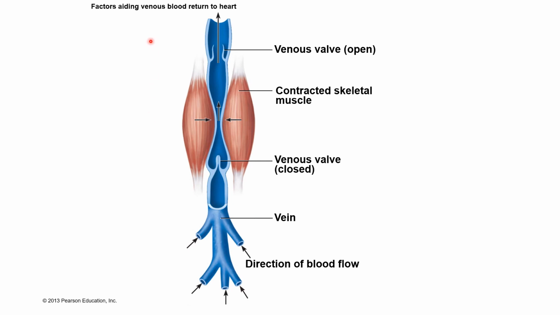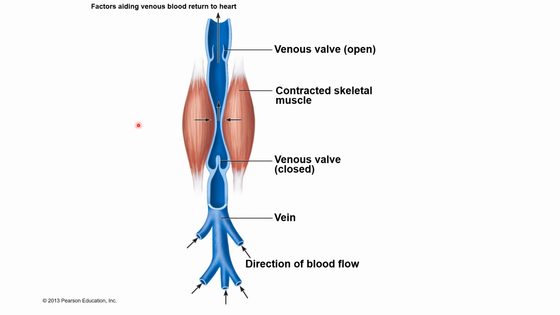And so to prevent the blood backflow, we have those valves right here. So as the blood is being pushed upwards, once the blood bypasses the valve, it's going to shut closed to prevent the blood from going backwards. What also helps push the blood towards the heart is the skeletal muscles in your legs.